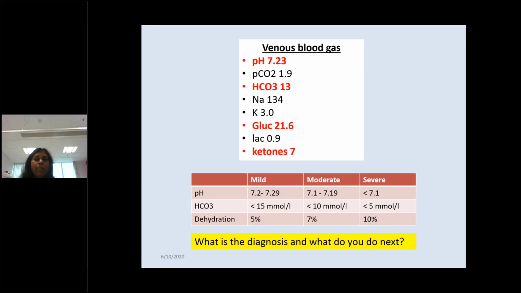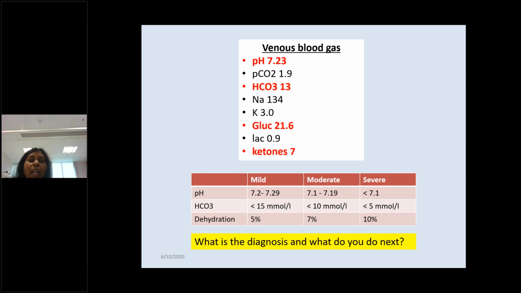We follow the DKA protocol for that. He's not in shock, so he does not need any resuscitation bolus. But based on the new guidelines, we need to give him a 10 mL per kilo bolus, followed by our usual DKA protocol fluids based on his weight.